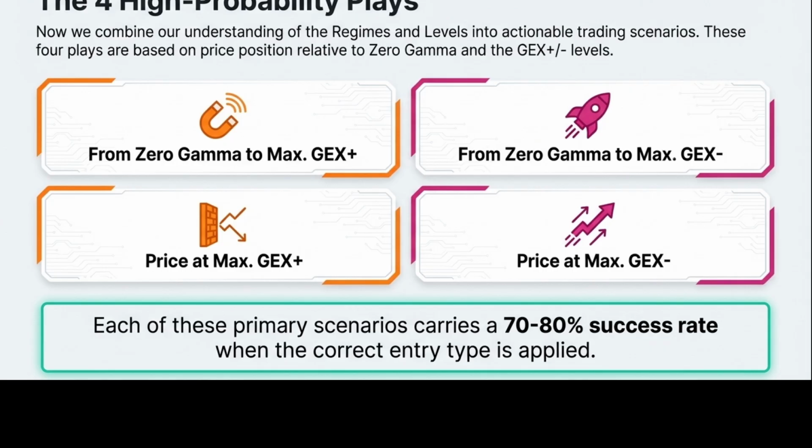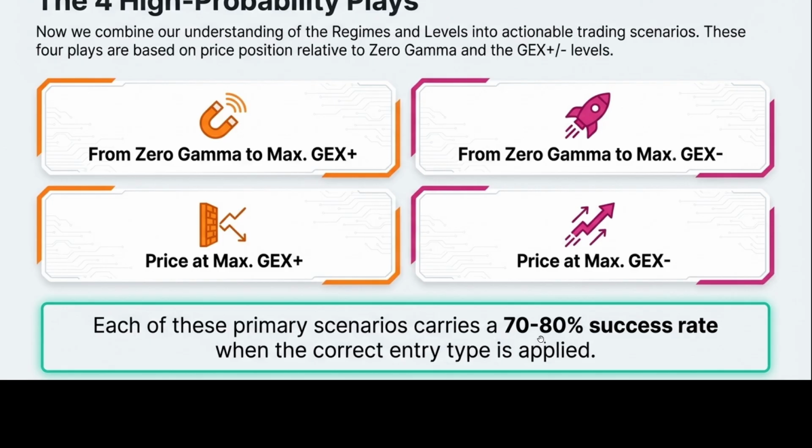And let's speak a little bit about this ahead of this presentation. Okay, each of these primary scenarios carries a 70 or 80% success rate when the correct entry type is applied.